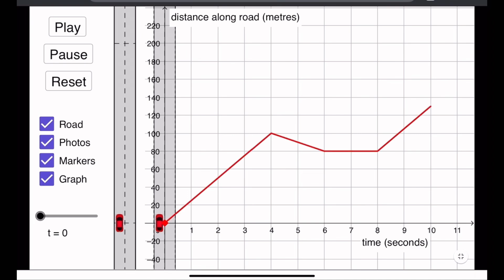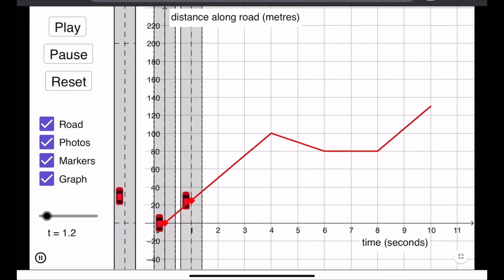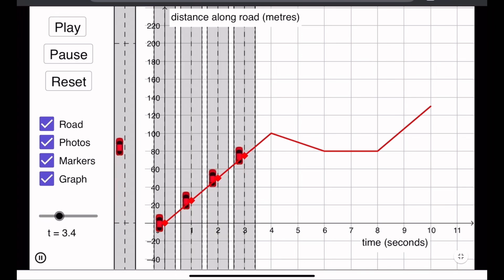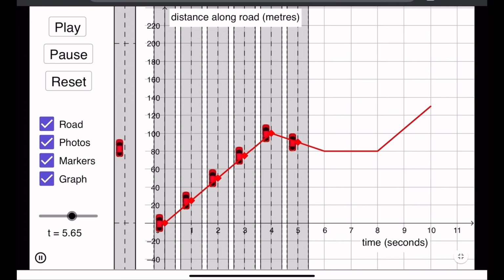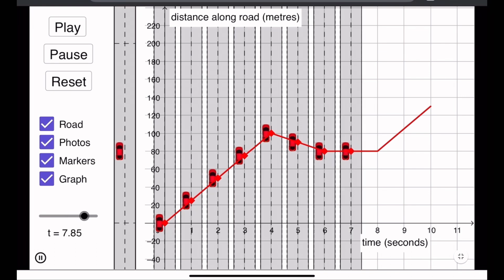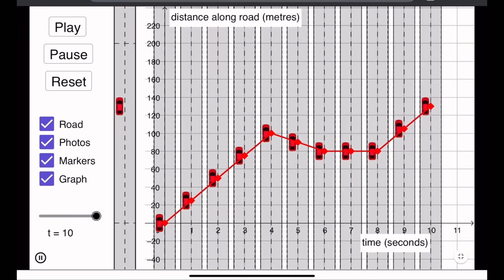So let's take a look from 0 seconds with the graph, and how the graph is plotted based on how this car traveled. At 4 seconds, it reverses back, at 6 seconds, stationary, and at 8 seconds, traveling away from the starting position again.